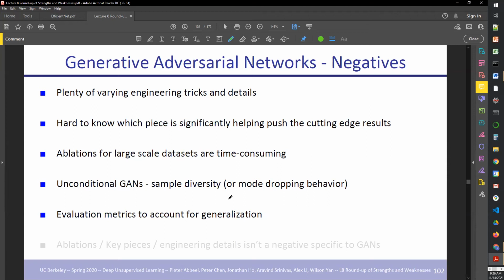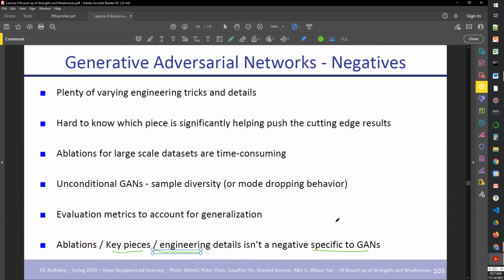But keep in mind that as we discuss this, while GANs are dominant in our discussions, the fact that there are a lot of engineering details and a lot of pieces is not just true of GANs, and that is fair in some sense. While we talk about the engineering details of GANs much more, I think personally it's because GANs just stop working, whereas with VAE and other methods, you can get some results, but the quality may not be good.